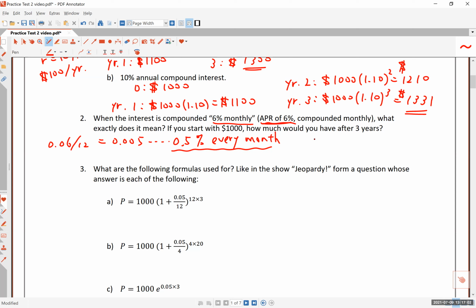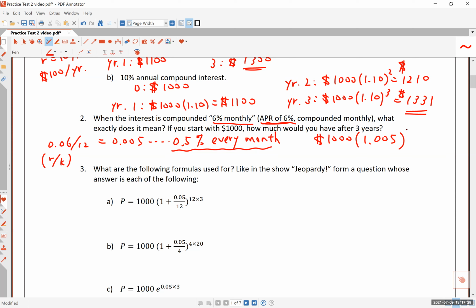Now, if you start with $1,000, how much will you have after 3 years? And so the answer is you take this and multiply that by 1.005. That's 1 plus R divided by K, right? This is what we are talking about. That's the rate per month, or rate per period.